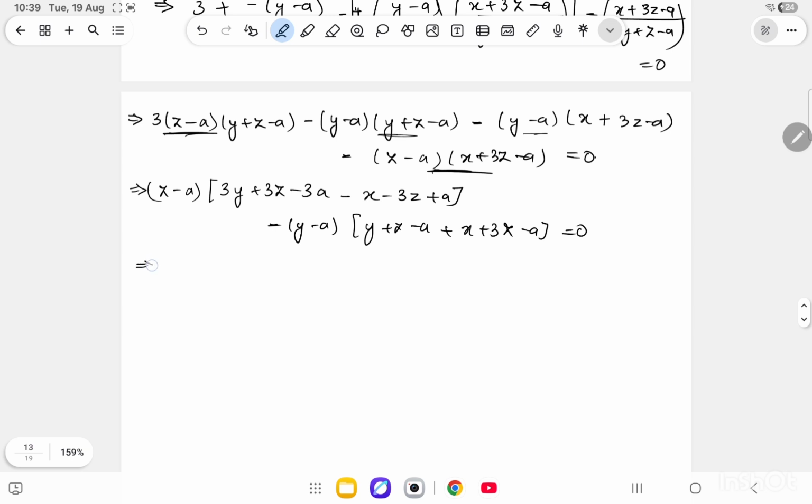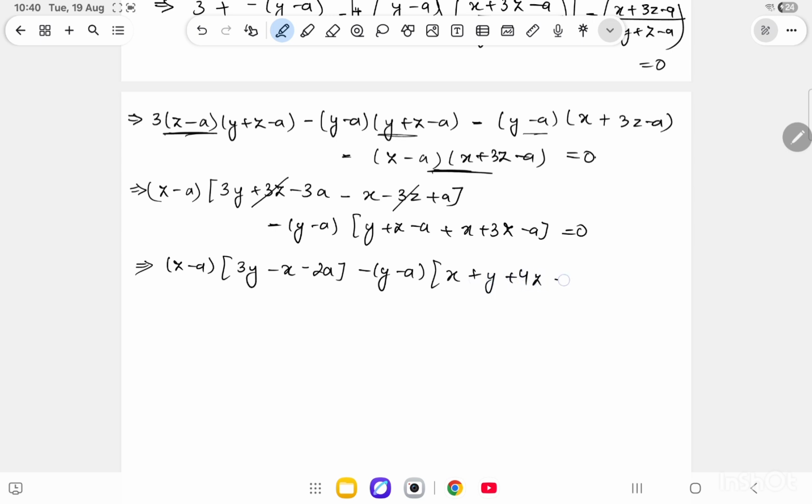So if I simplify it, this 3z balances out this one. So we are left with z minus a, 3y minus x minus 2a, minus y minus a, x plus y plus 4z minus 2a equals to 0.